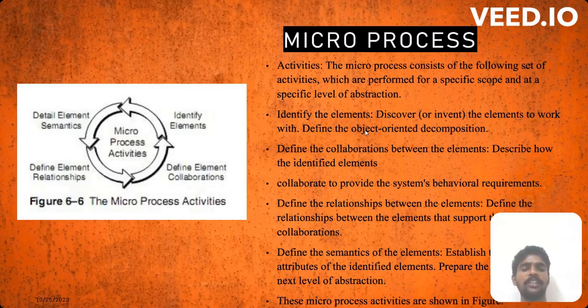Defining the relationships between elements that support the element collaboration, and defining the segmentation of elements. The figure shows this process: identify elements, define element segmentation, define element relationships, and lastly define element collaboration.